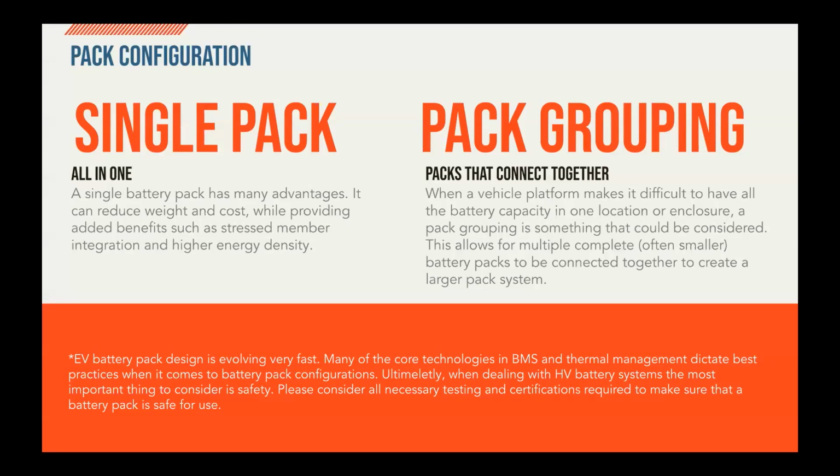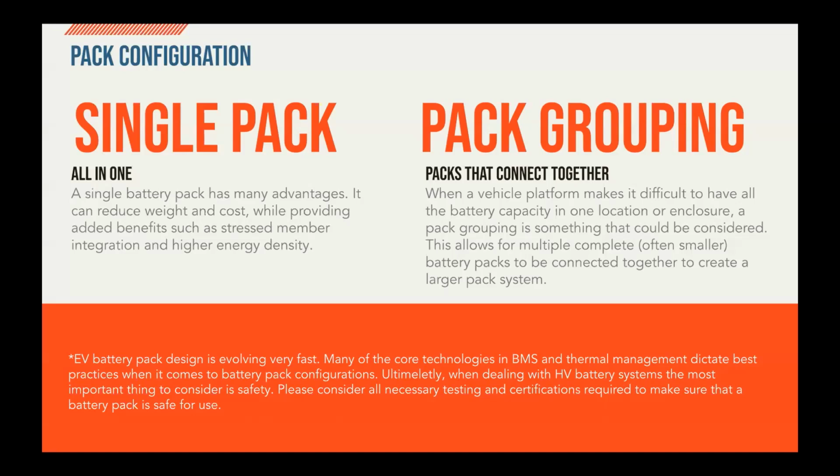So the benefit to this is that they can be placed in different places on a vehicle platform and optimize space, spread out the weight. And so for vehicle conversions, a lot of times this is what we would see.